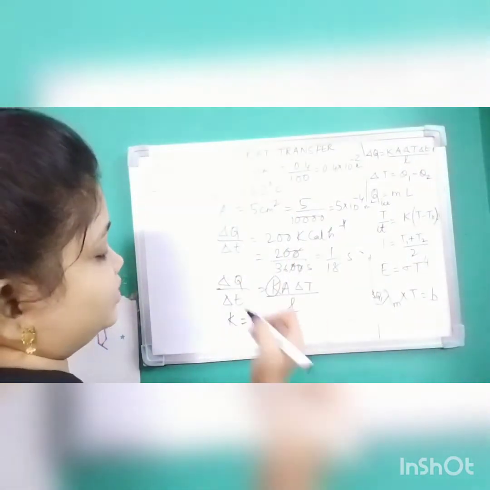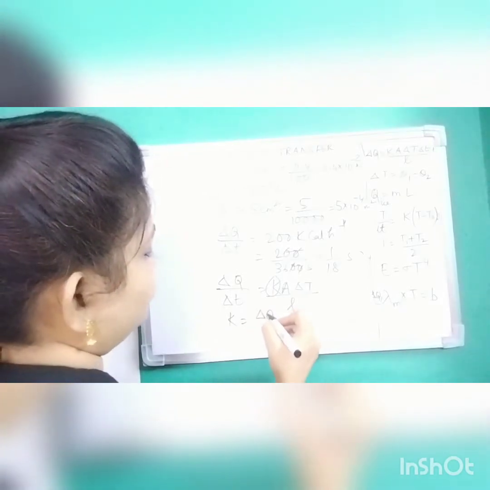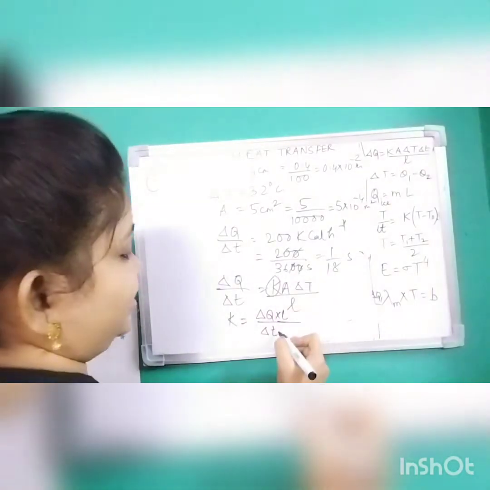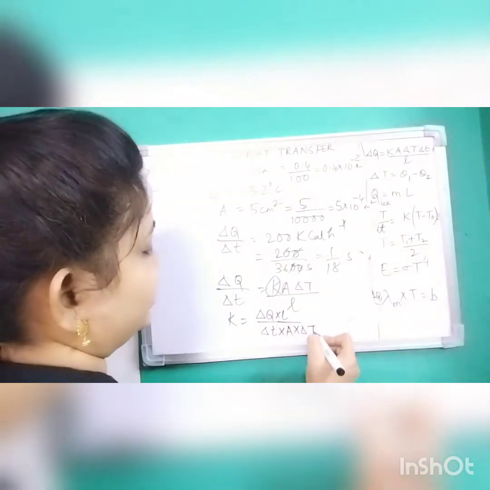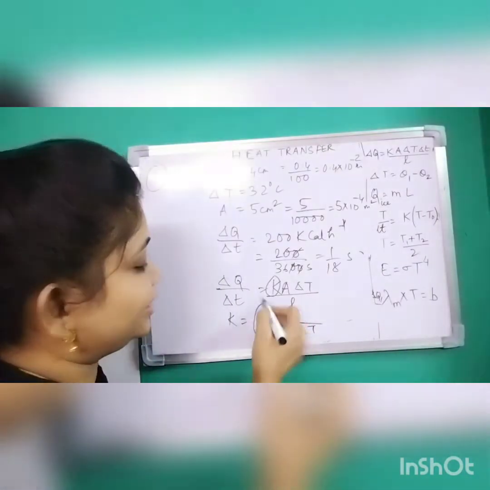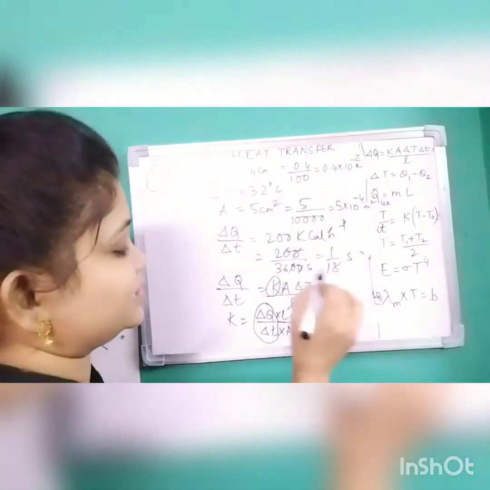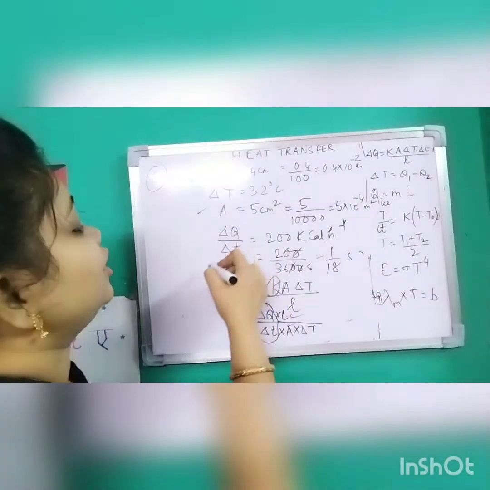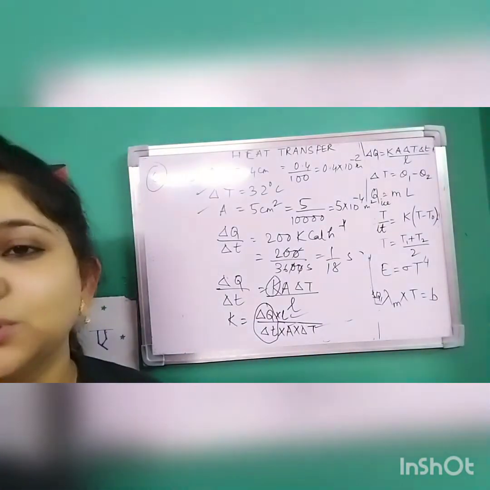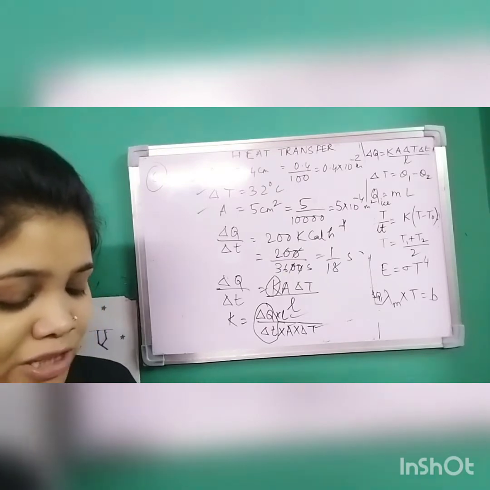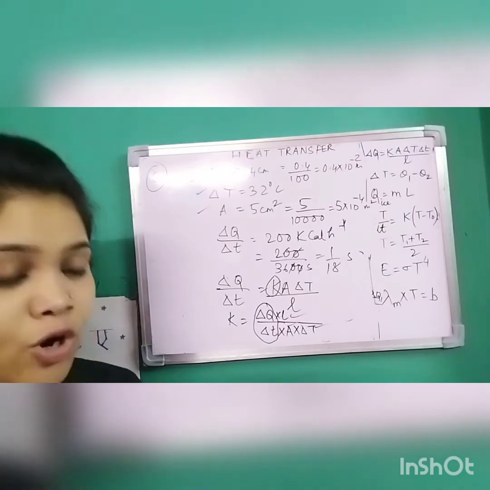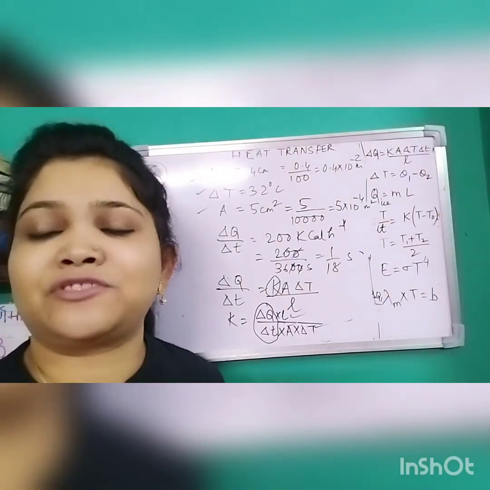K will be equal to delta Q by delta T into L, and A, which is along with K, will come down, so A into delta T. You know the value of delta Q by delta T, put the value of L as given, put the value of A as given, put the value of delta T as given, solve and get the answer. Very easy sum. Most of the sums are from thermal conductivity only.